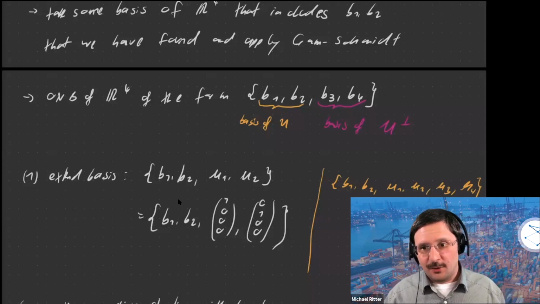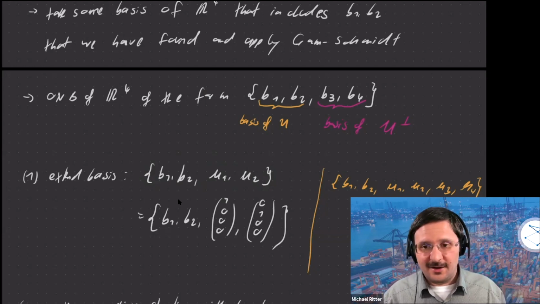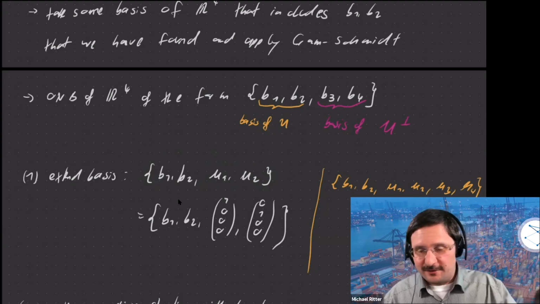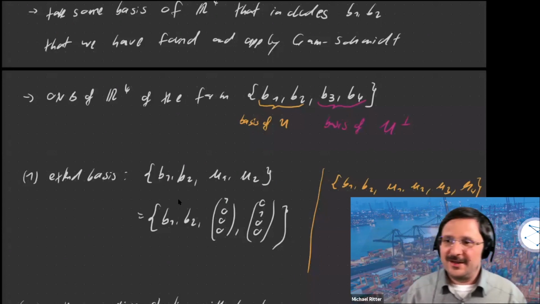And then U ortho will be three-dimensional. If U is given as a span of 3 linearly independent vectors, then it's the other way around. And of course, I also have more options here. I could have a 1-dimensional U and a 4-dimensional U ortho, or the other way around, or maybe a 0-dimensional U and a 5-dimensional U ortho, or the other way around. That's all possible.